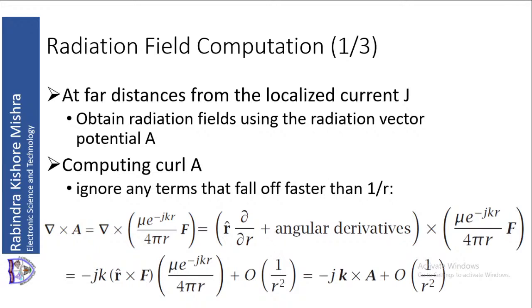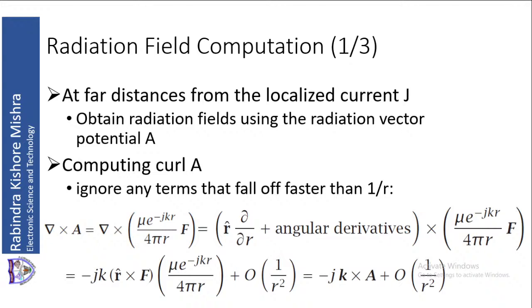What is the k vector, as we have discussed? The k vector is the magnitude of k into R cap. So from the first term, minus jk R cap cross F, k into R cap gives you the vector k.